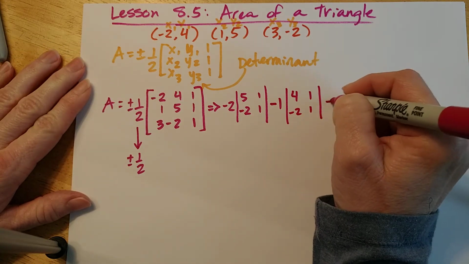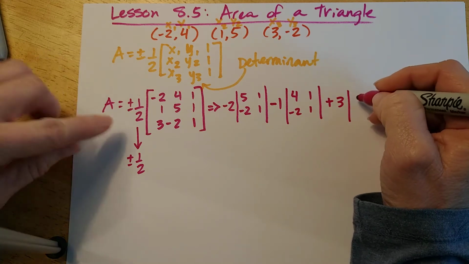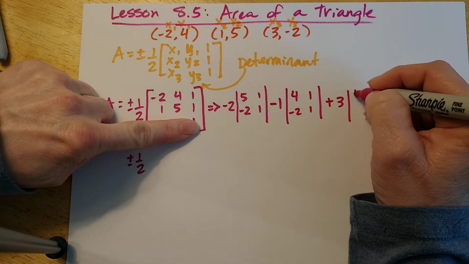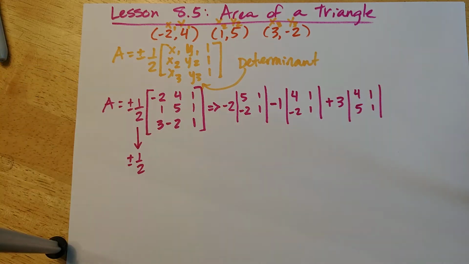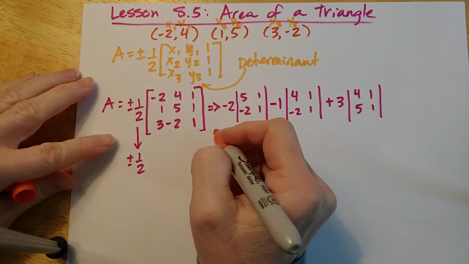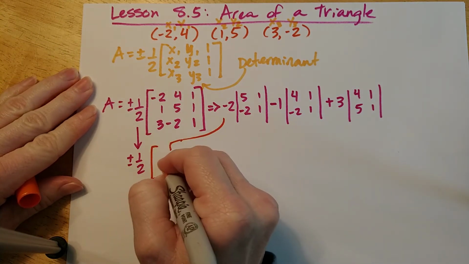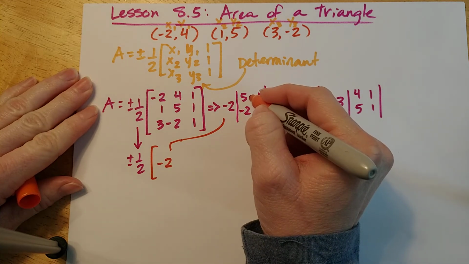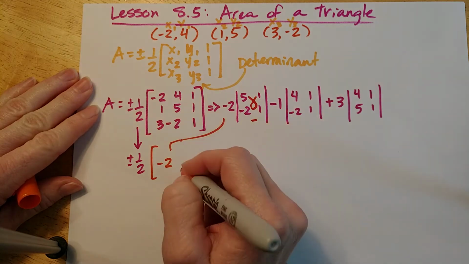And then I'm going to add the last one, and we've got 3, so he's there, so I've got 4 and 1 and 5 and 1. And do my little fishy thing. Hey, little fishy. So he's going to be multiplied by all this stuff. So I got a -2, little fishy, 5 times 1 minus that other stuff.